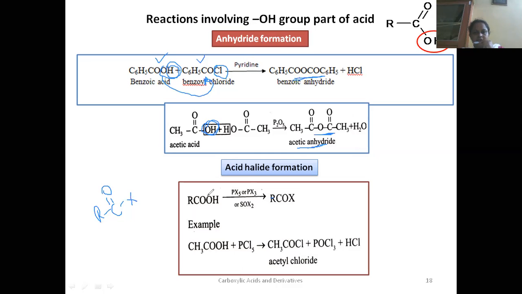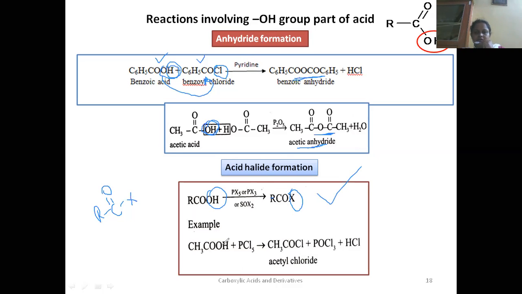Now this OH group can be replaced with a halide group, that is X here, by adding these reagents. This is very important, you have to remember this reaction. The OH group can be converted to a halide group by adding any of these reagents: phosphorus pentahalide, phosphorus trihalide, or SOCl2, thionyl chloride.